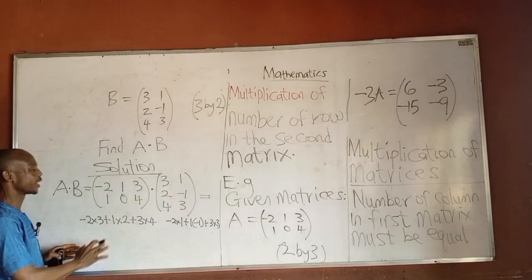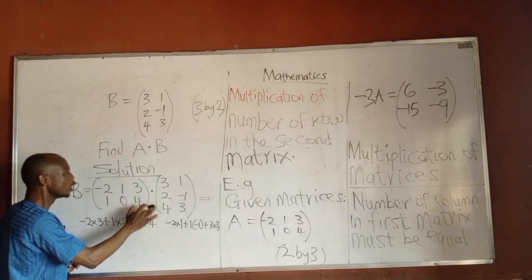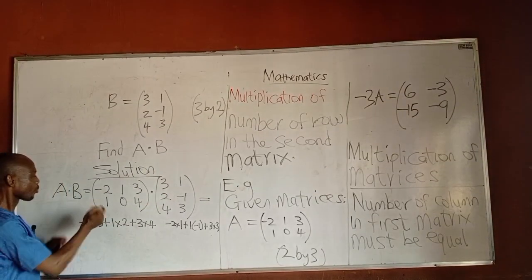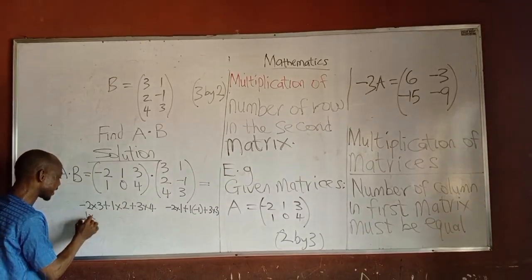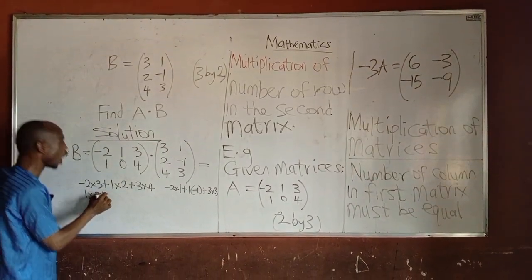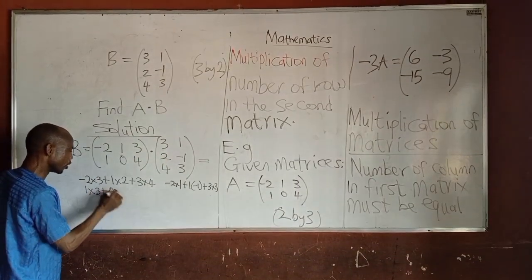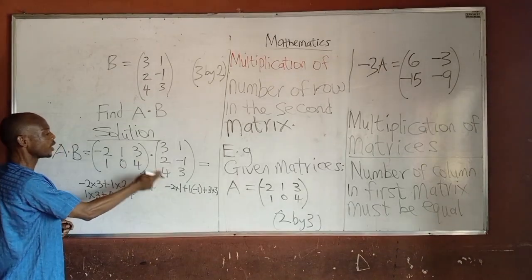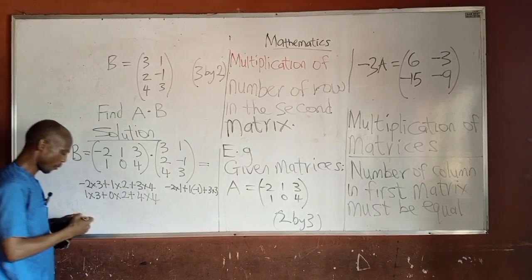We do the same thing with the next row here, using this second row to multiply the first column. Let's go. 1 times 3 plus 0 times 2 plus 4 times 4.